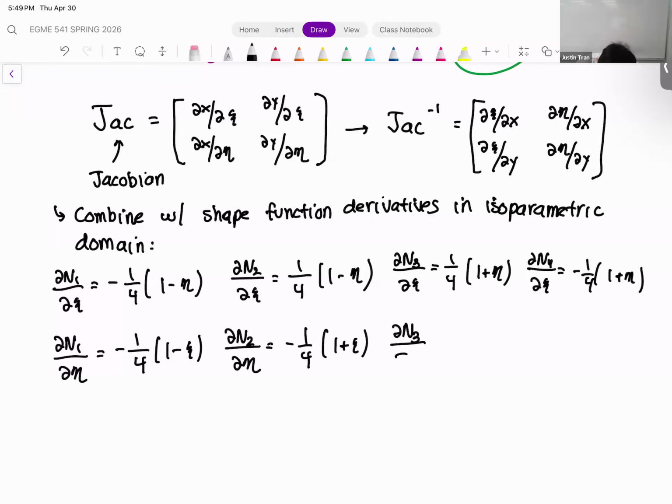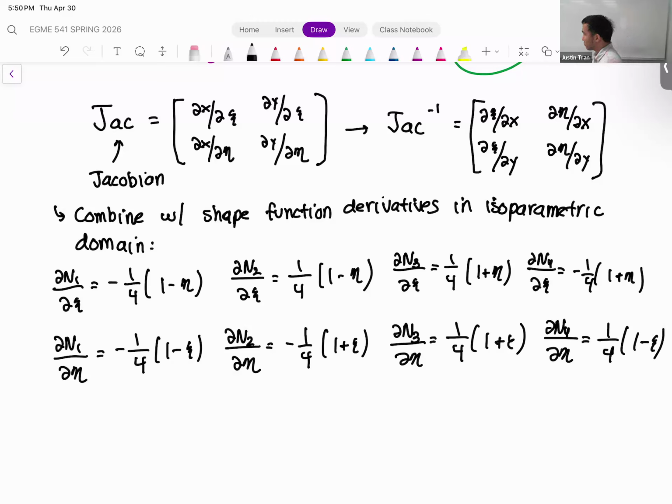Partial n3, partial eta is equal to 1/4, 1 plus epsilon. And then partial n4, partial eta is 1/4, 1 minus epsilon. So a little bit tedious, I know.